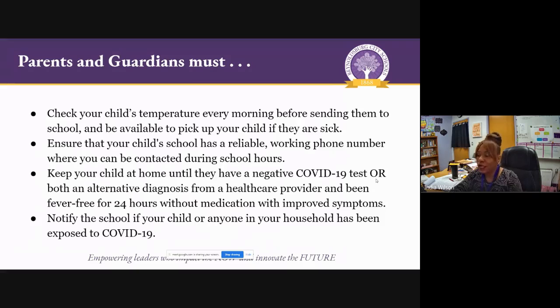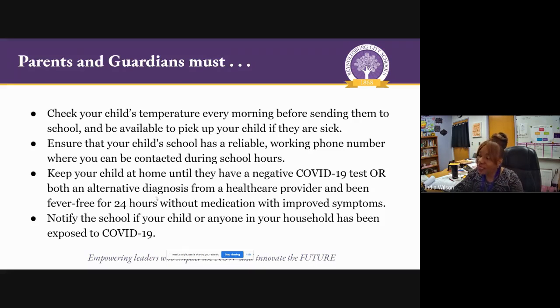Or let's say you take your child to the doctor and the doctor has said it was asthma, it was the stomach flu, it was a sinus infection. We need documentation that it was an alternative diagnosis, like a sinus infection, for example.